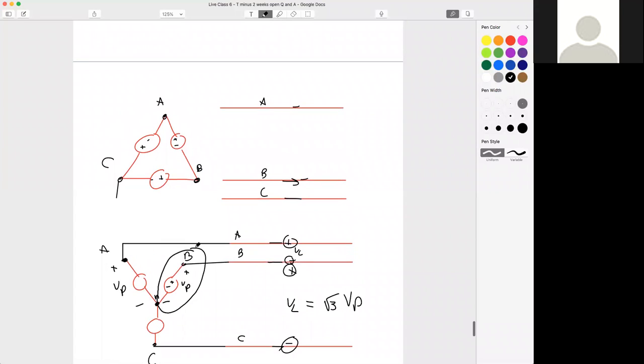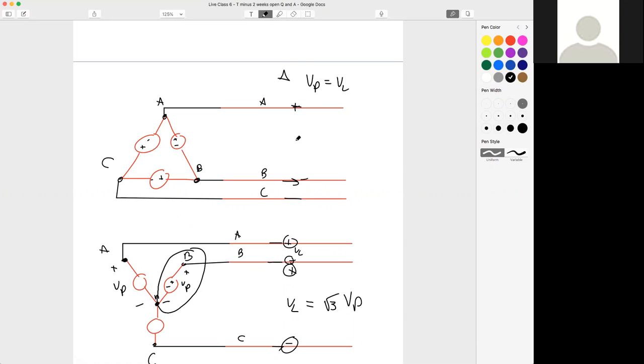Now, what about our delta? So remember, in a delta, our phase voltage and our line voltage are the same. They're not saying the phase voltage of the delta and the line voltage of the delta. Yes, they are when you measure it, but really you're comparing the individual phases of the delta to the line. So let's go A line, A phase, B line, B phase, C line, C phase. Great.